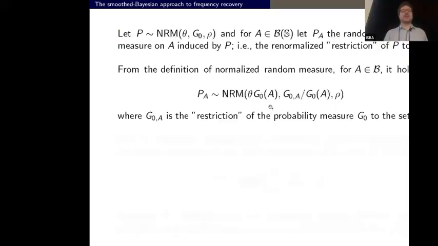I just need to adjust the parameter theta with respect to the mass of the probability G0 in the set A, and then renormalize this probability. But the important thing is that rho is the same.